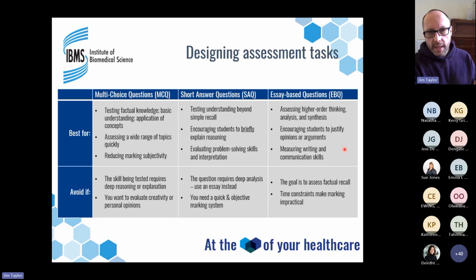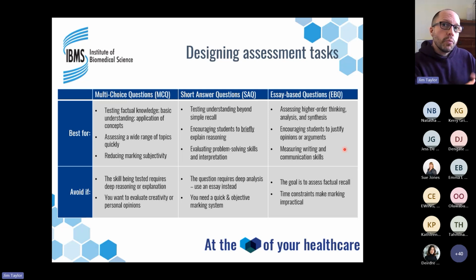The big problem with essay-based questions is how authentic are they? On a daily basis, how many of us actually write what would be considered an essay level response? We very seldom do it. So if we're thinking about authentic assessments, then maybe essay-based questions don't have quite the place that they did before.